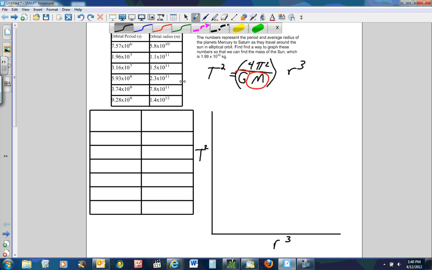And if these are good numbers, I should get a straight line. And the slope should equal all that in there. And all I have to do is solve for m, because 4 is a number, pi squared is a number, G is a constant, m is unknown, and I get the slope from the graph.